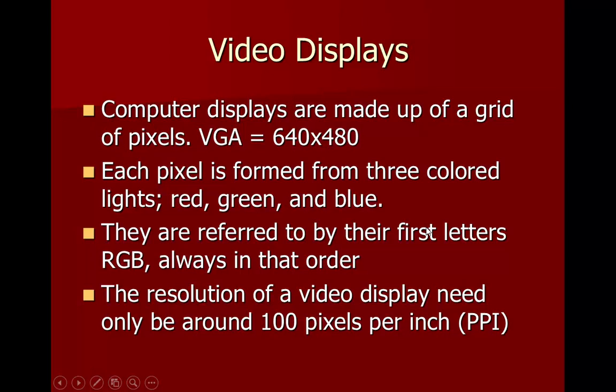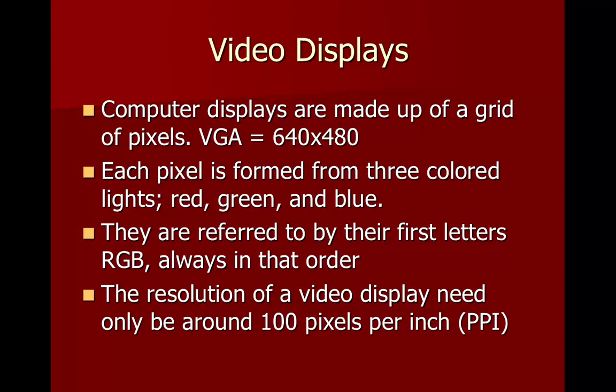So there are a variety of different display resolutions, but no matter how many pixels you've got, each single one is formed from 3 colored lights, a red light, green, and a blue. So RGB is what they go by, the letters RGB, and always in that order.